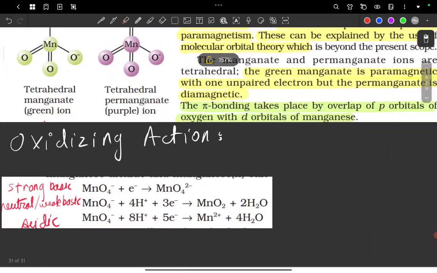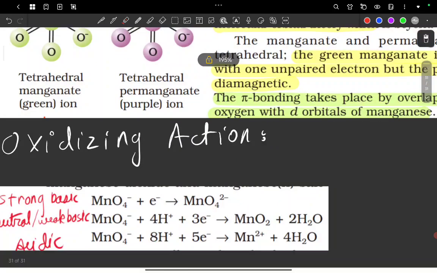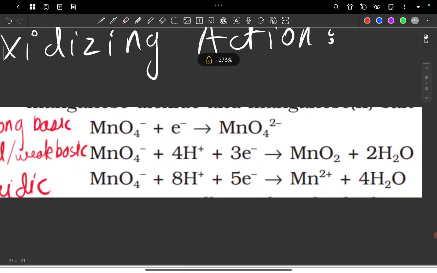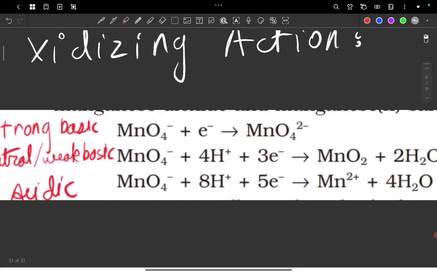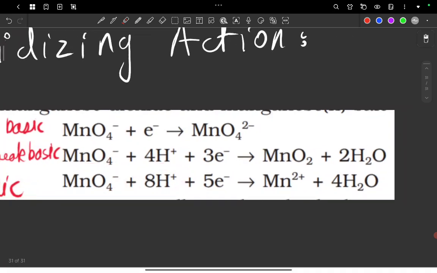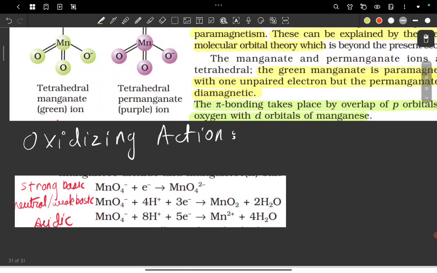Now let's learn about the oxidizing action of the permanganate ion, and it has three different oxidizing actions. In purely acidic medium, there is large concentration of H+, and basically the oxidizing action of this guy is dependent on the concentration of H+. And as a general point, I'll write it down.